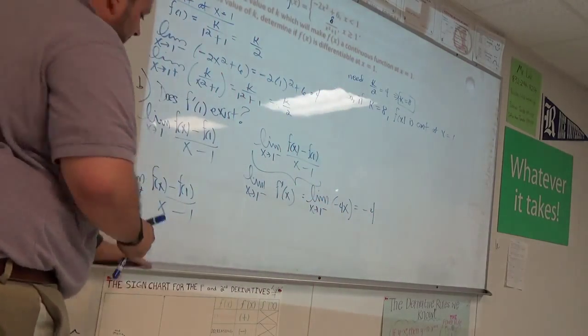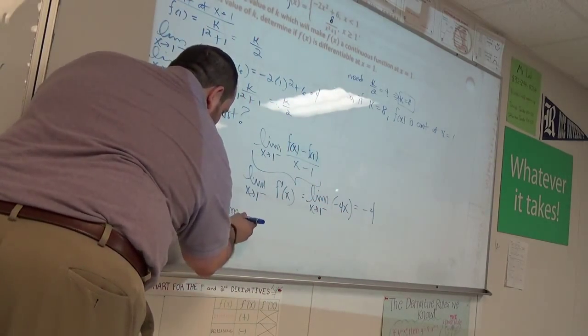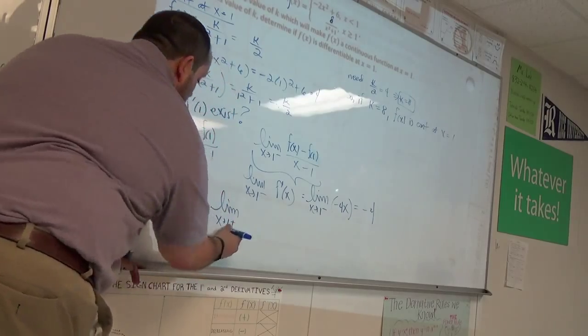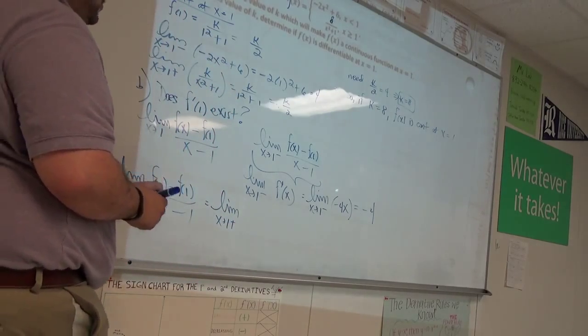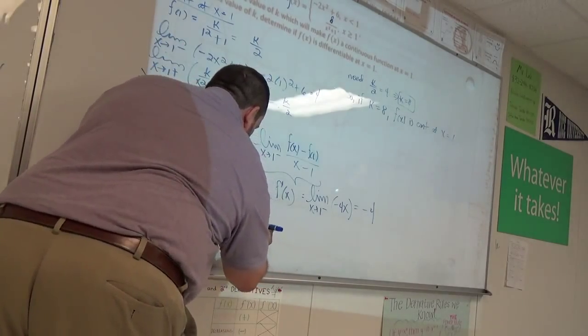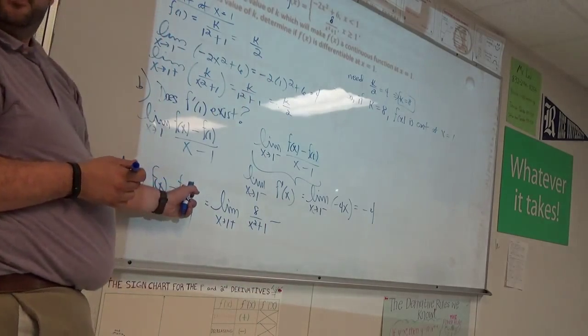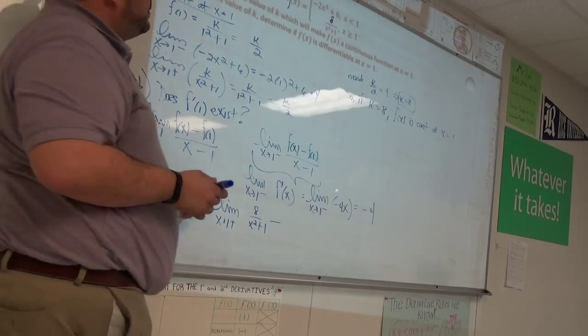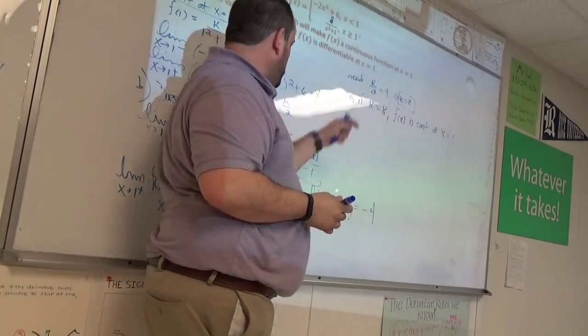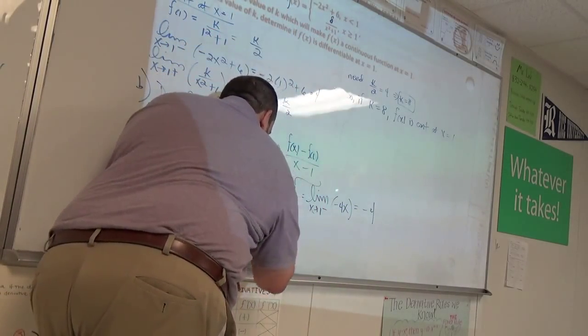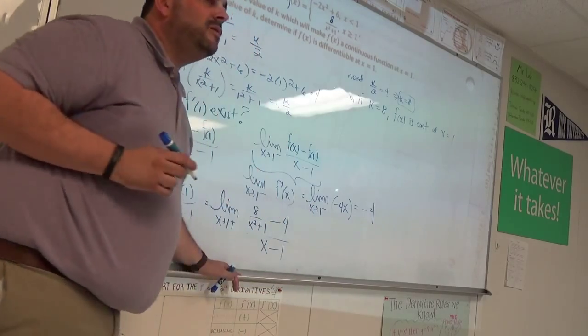The way that we're going to evaluate this limit, we're going to find the limit as x approaches 1 from the right. If I'm on the right, f of x is 8 over x squared plus 1 minus f of 1. F of 1 is going to be 8 over 1 squared plus 1. I think that's 4, over x minus 1.